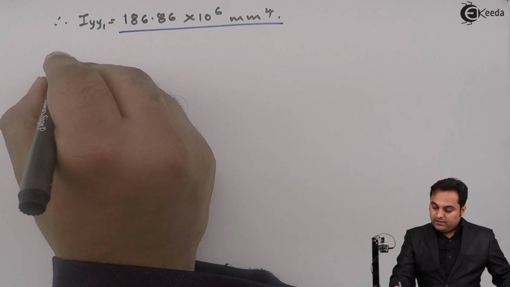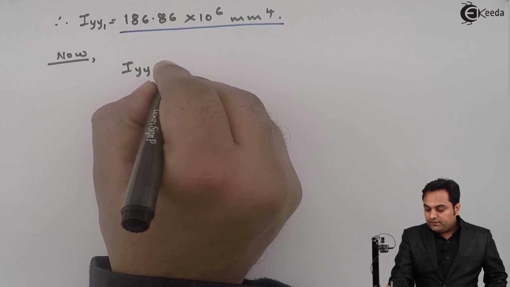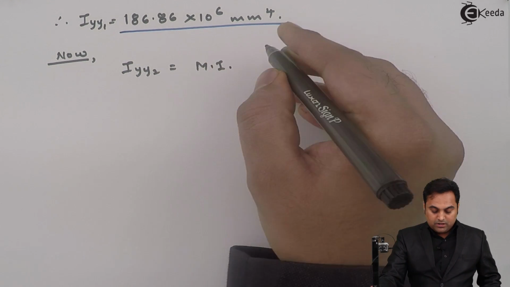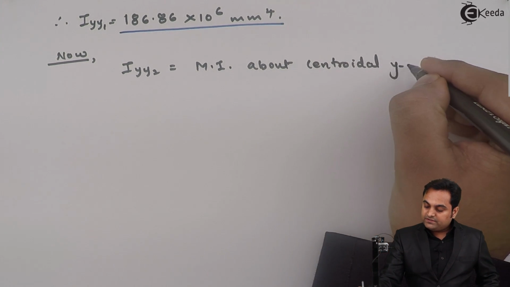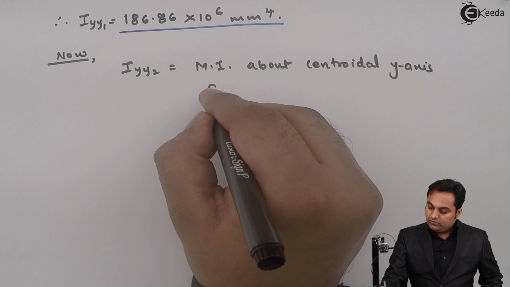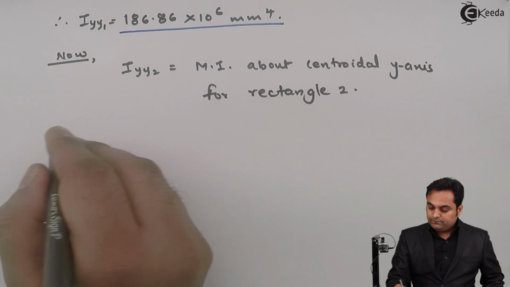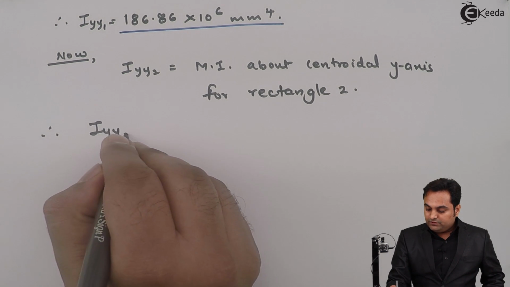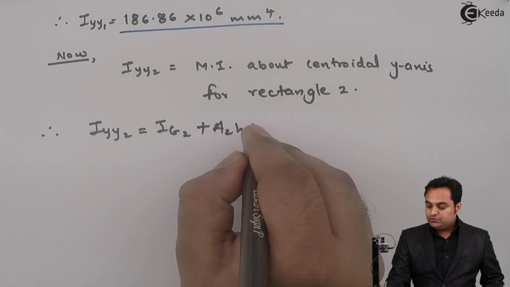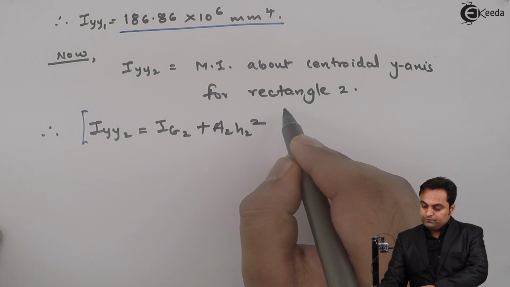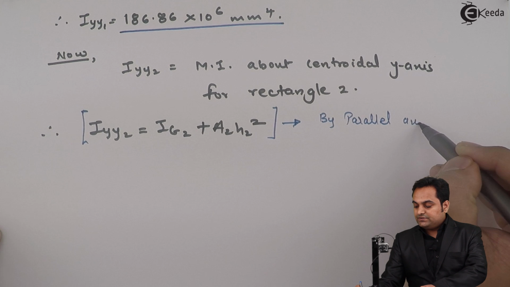And now Iyy2 is the MI about the centroidal y-axis for rectangle second. Therefore Iyy2 is Ig2 plus area 2 into h2 square, again by the parallel axis theorem.